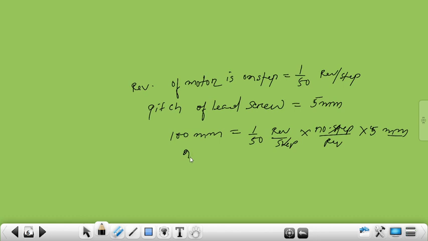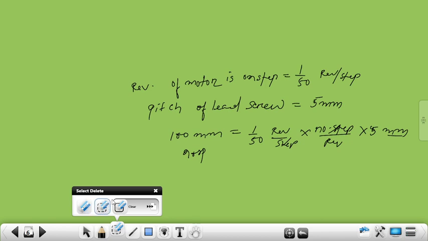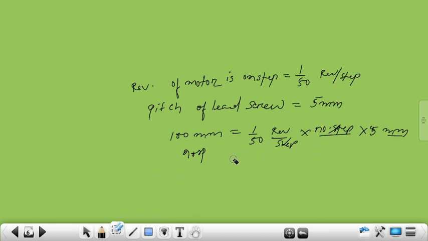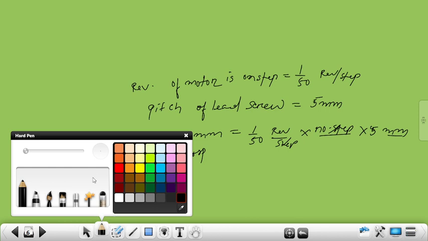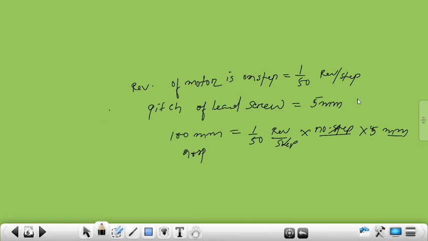So the number of steps is equal to 100 into 50 divided by 5. This is 1000.